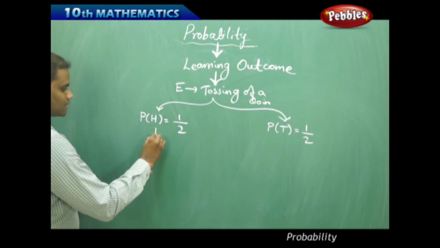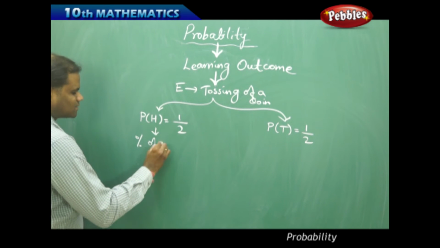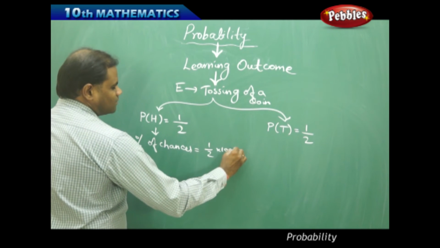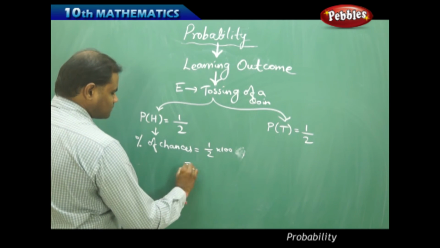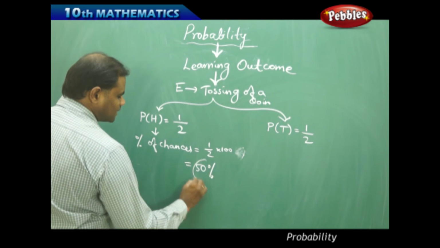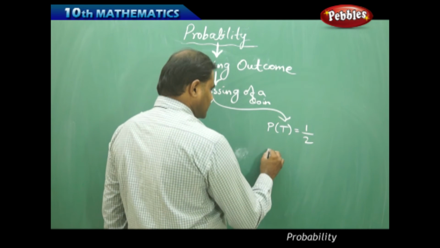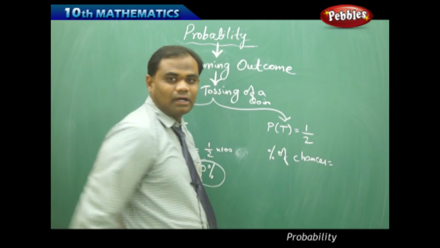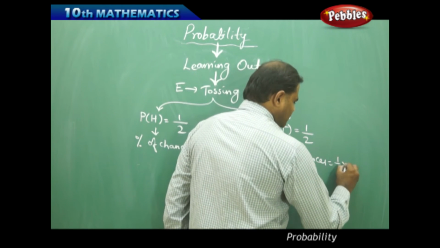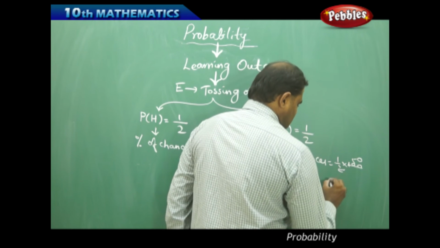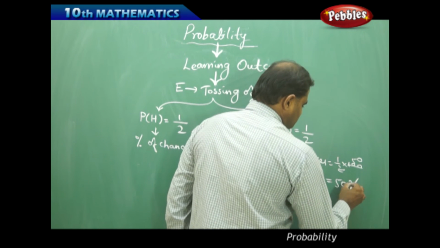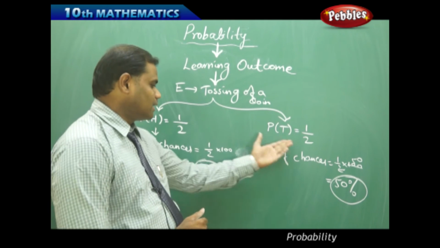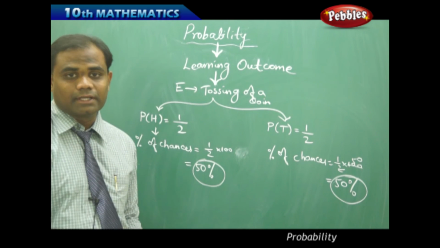That is, the percentage of chances is half times 100, which is 50%, and in this case also the percentage of chances is half times 100, which is 50%.